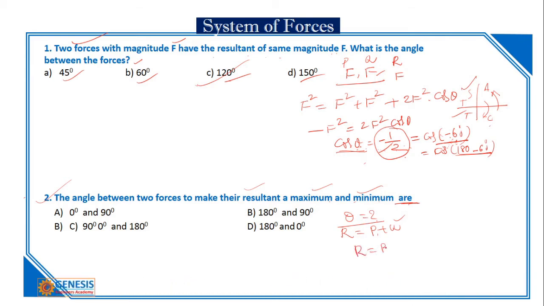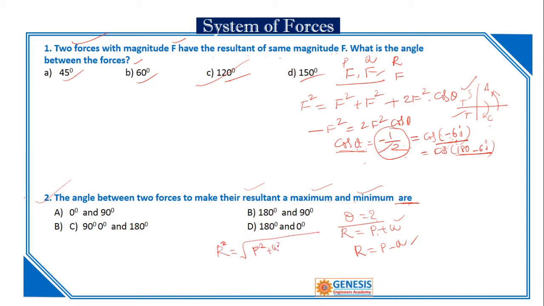How do you solve analytically? You can also substitute like that. So R is equal to the square root of P square plus Q square plus 2PQ cos theta.